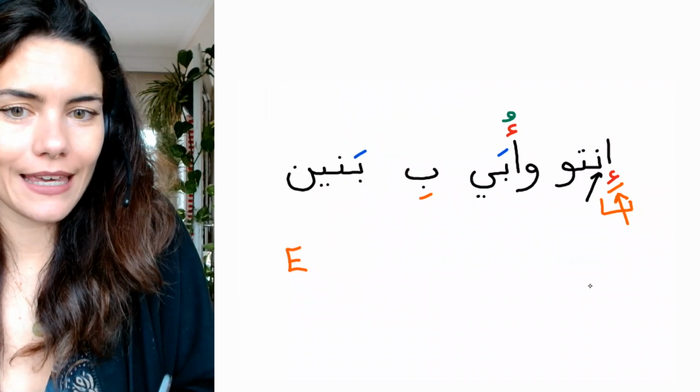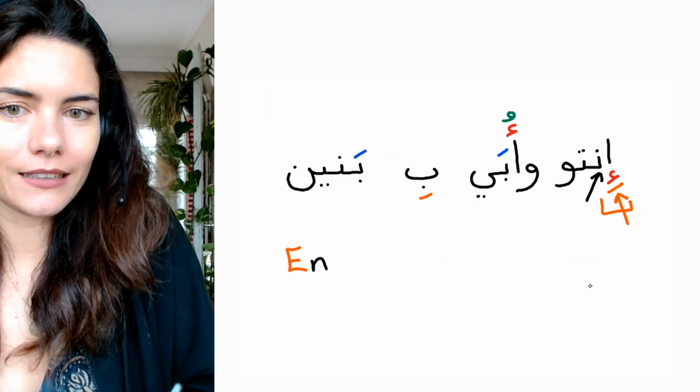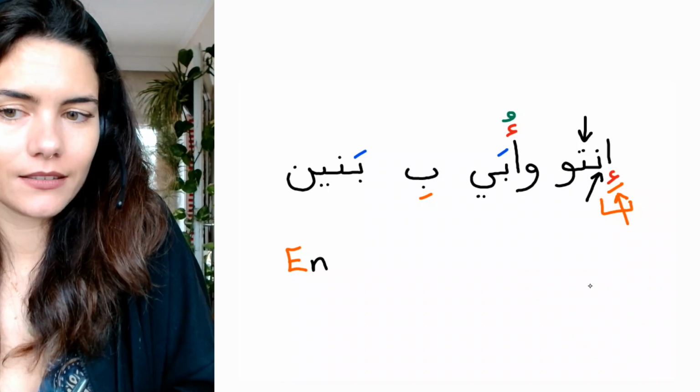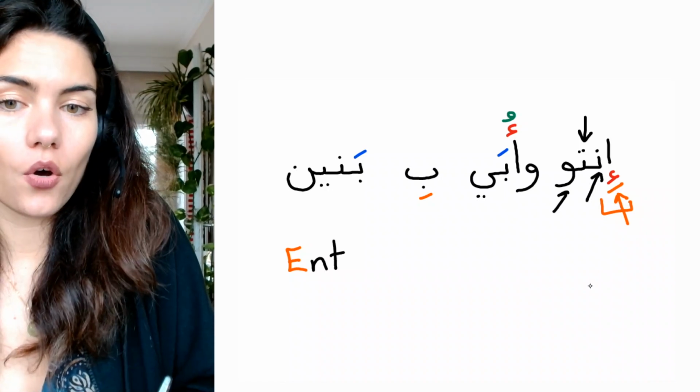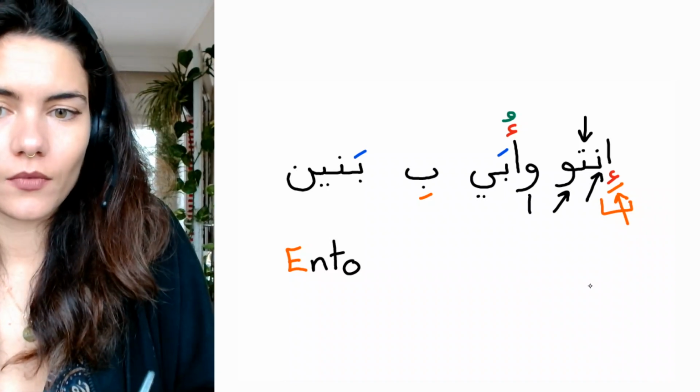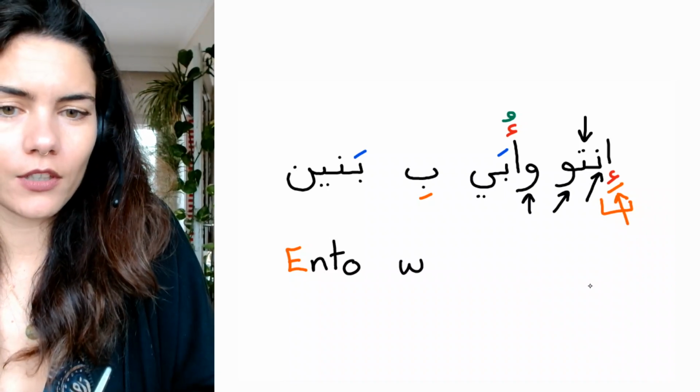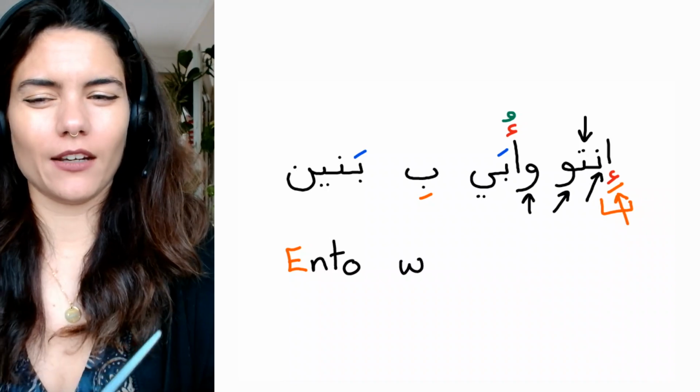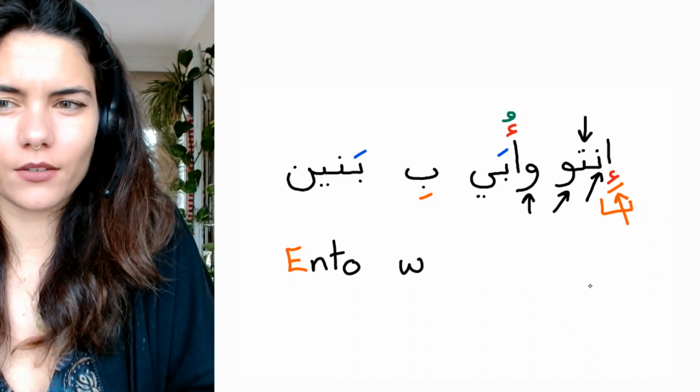Then we have the N, N, T, O. Ento, U. We're going to transcribe it as a W because it's at the beginning of the word and it would look weird if not.